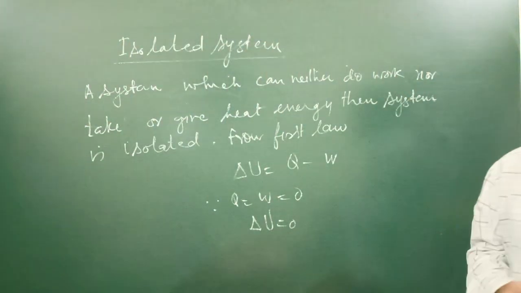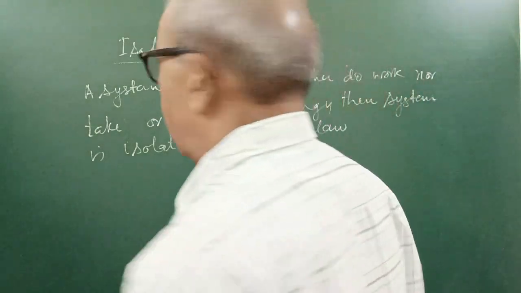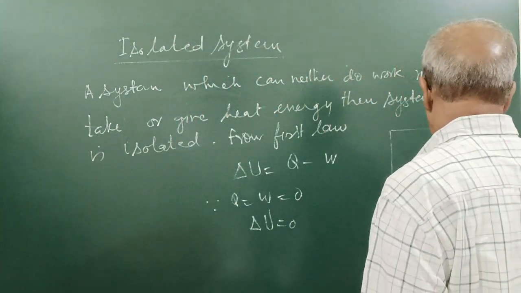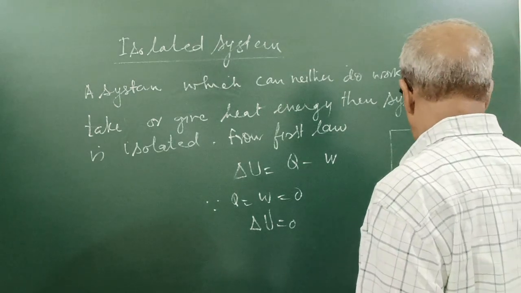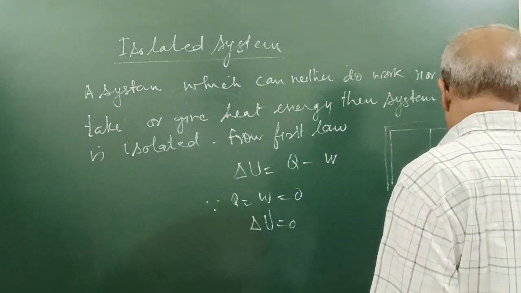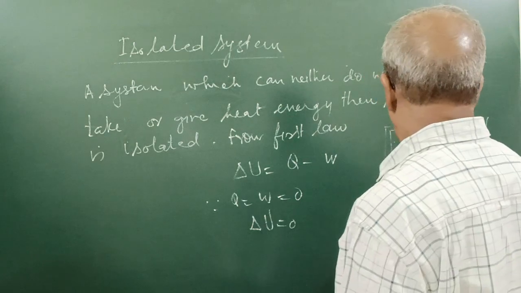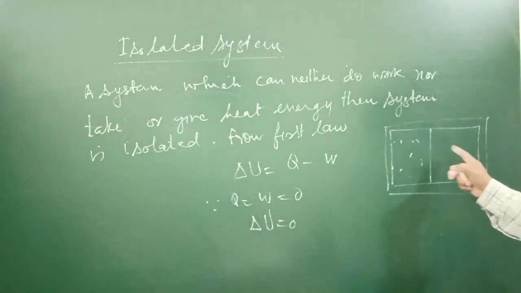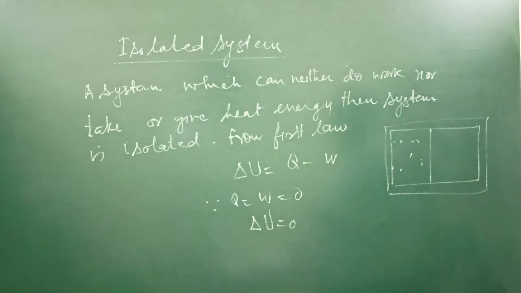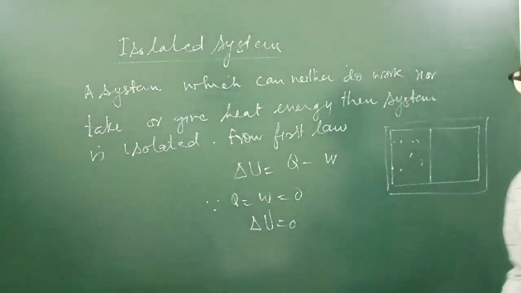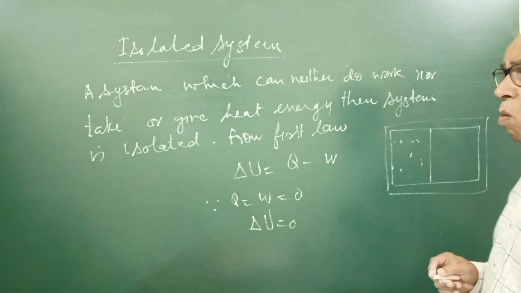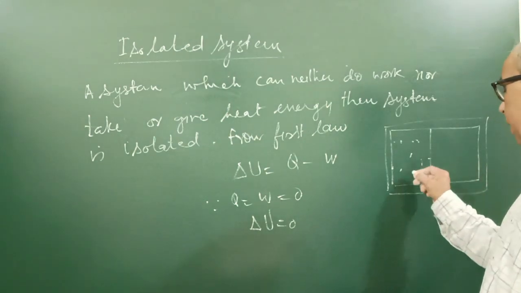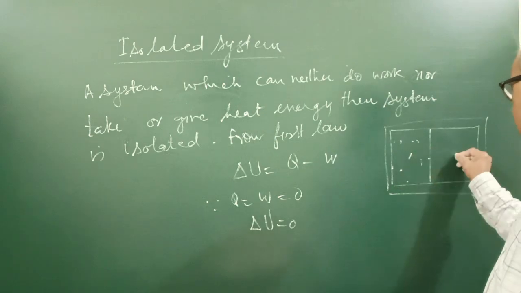There was a question actually in the IIT entrance exam. The system has 2 blocks insulated from outside. One block is filled by a gas. They are of equal volume. However, there is an opening and the gas leaks from this to this.